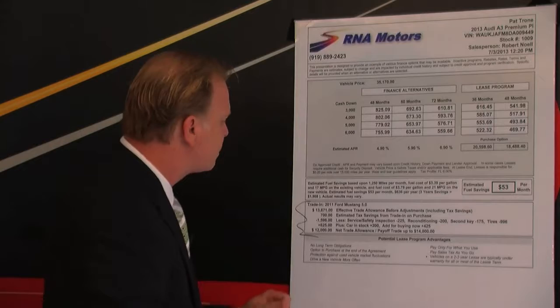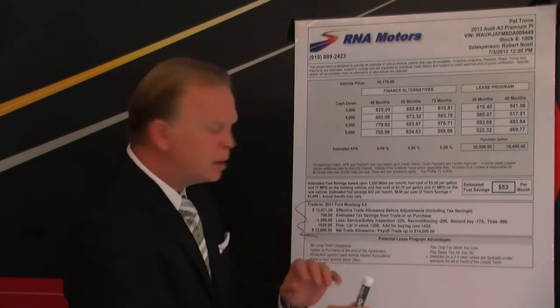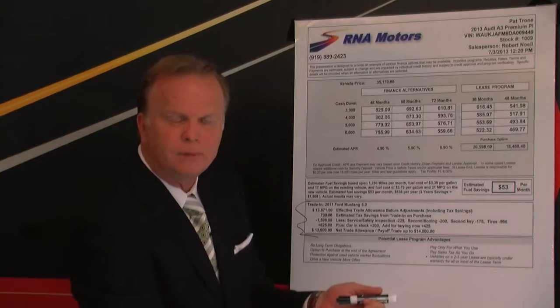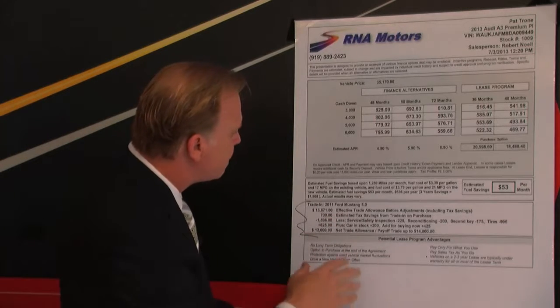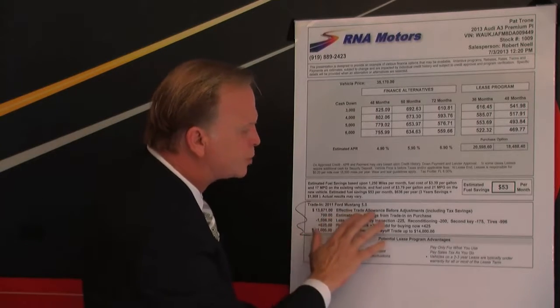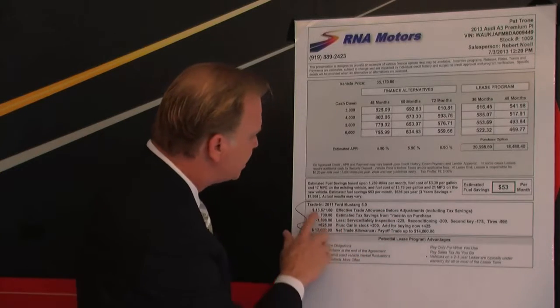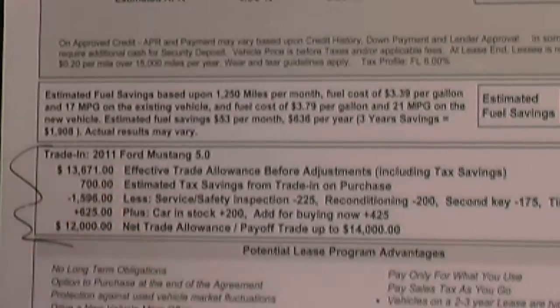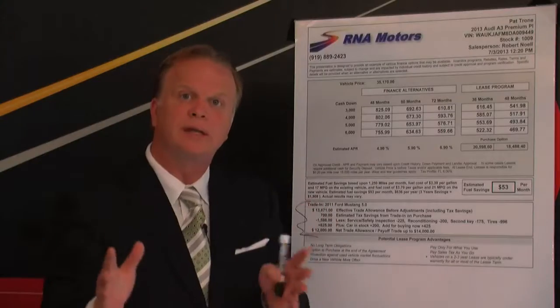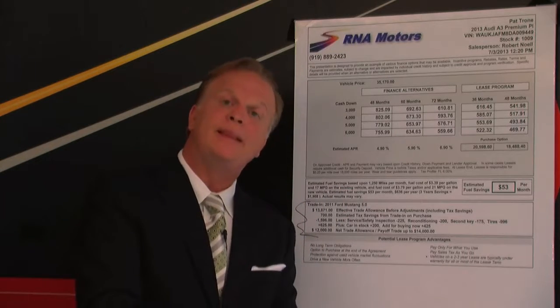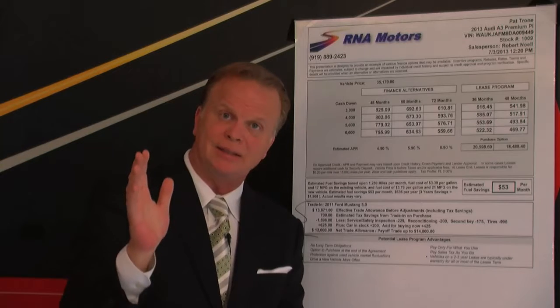I say, now, your old car was a 2011 Ford Mustang 5-liter, all right? This is your old car. Now, your effective trade-in allowance, including your sales tax savings, is $13,671. All right, now here at the dealership, when there's a trade-in, the first thing we do is we deduct the trade-in, then we calculate the sales tax.